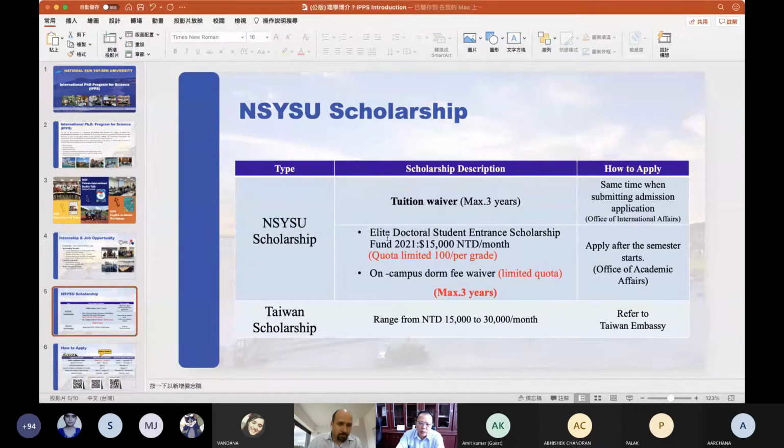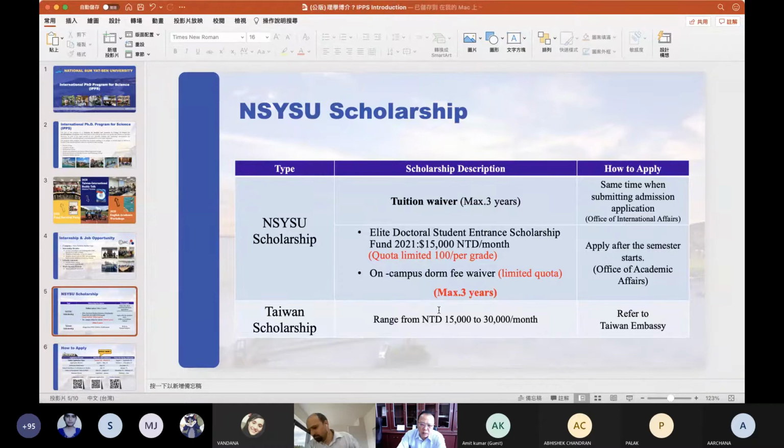And we also have an added doctoral student entrance scholarship, and we will provide the student 15,000 NT dollars each month. For the dormitory, I think we also provide a dormitory fee waiver, but with a very limited quota. So usually you need to pay by yourself.